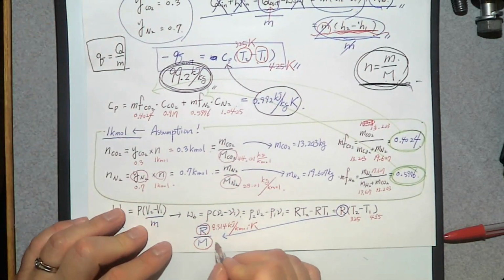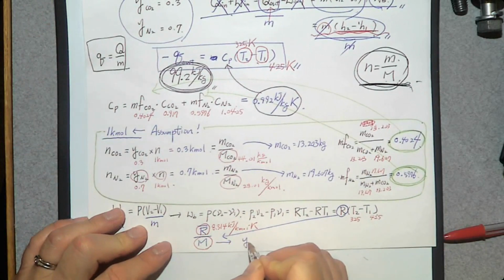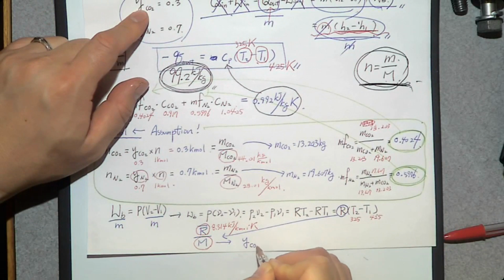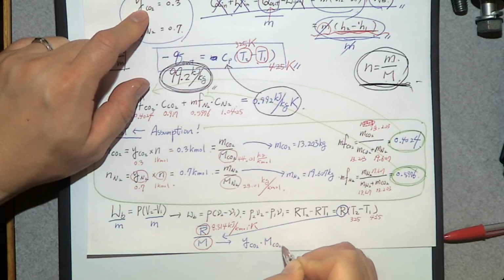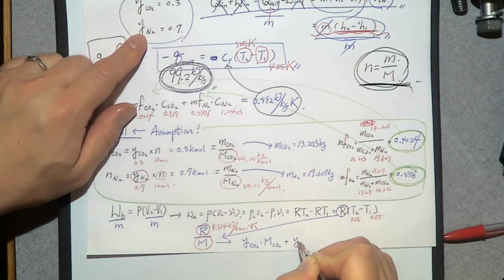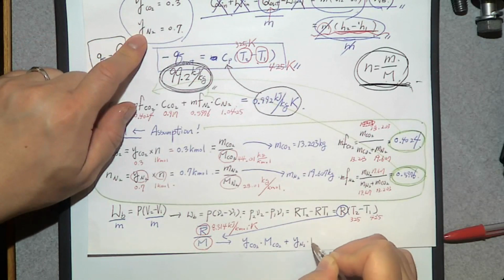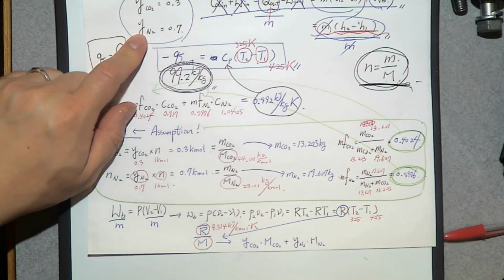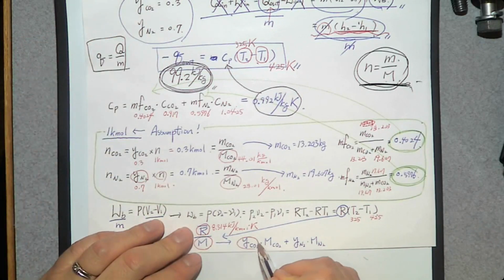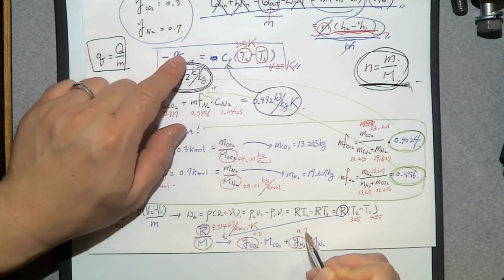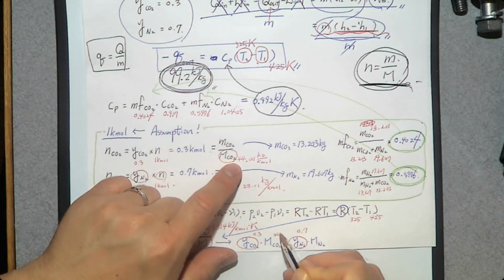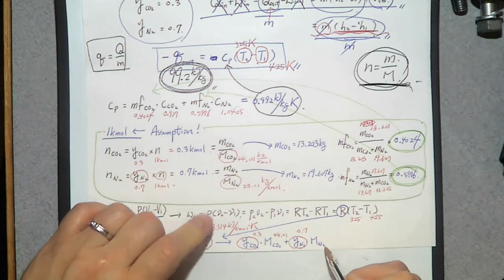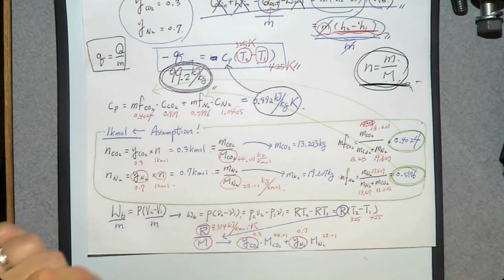If you want to determine the molecular weight of a mixture, it is y of each component times the molecular weight of that component: y of CO2 times molecular weight of CO2, plus y of nitrogen times molecular weight of nitrogen. The mole fraction of carbon dioxide is 0.3, the mole fraction of nitrogen is 0.7, the molecular weight of carbon dioxide is 44.01, and of nitrogen 28.01.